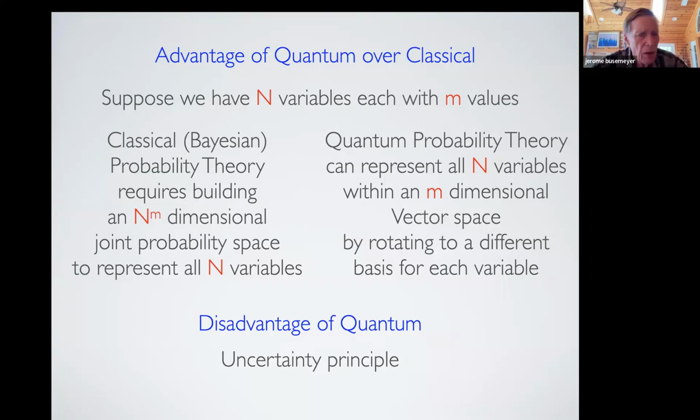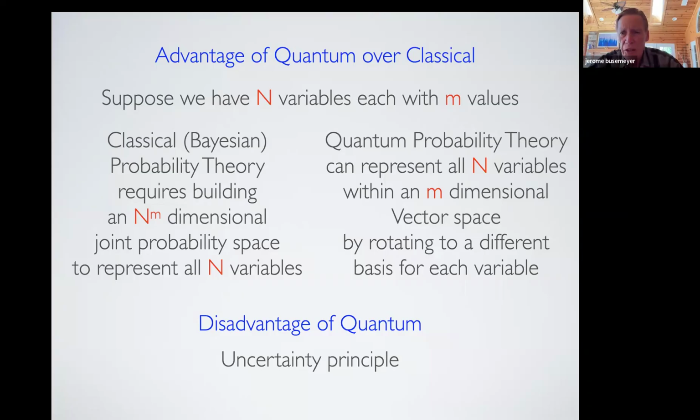So maybe the brain or evolution designed the brain to get around this problem. Now, quantum probability works in a vector space. Now, the beauty of a vector space is that in order to interpret and assign numbers to events in a vector space, you have to choose a basis. So if you have an m-dimensional vector space, you have to use a basis.